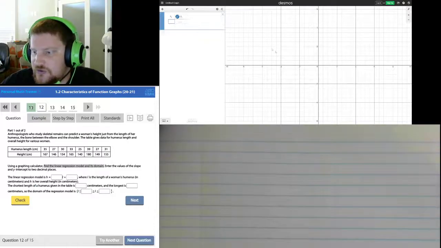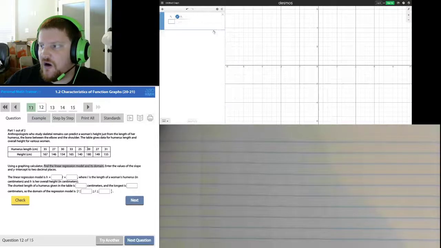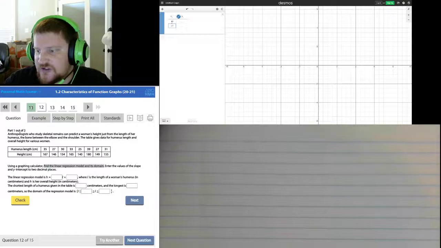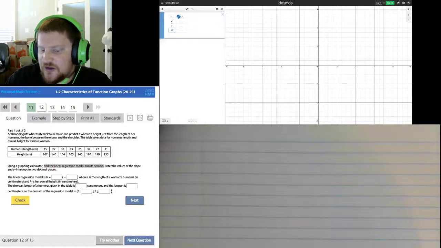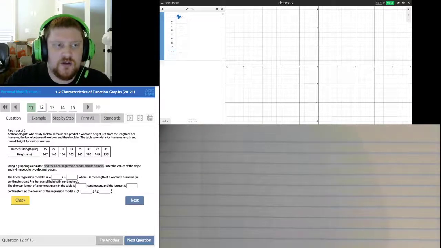What we're going to do is copy this table down. You'll notice that their table is horizontal. Our table is going to be vertical. So the first value that they have is 35, and then 27, and then 30, and then 33, 25, 39, 27, and 31.